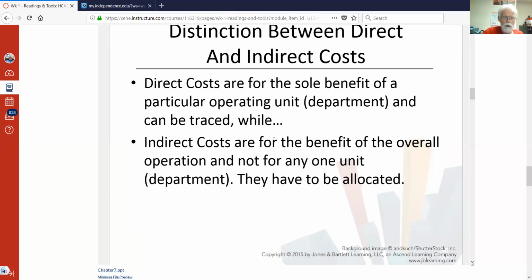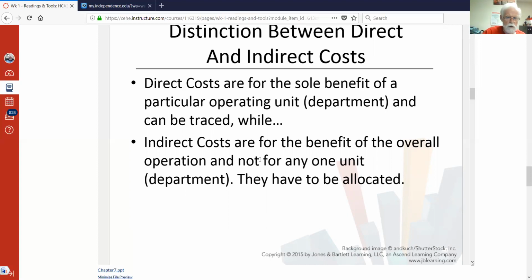So another way of looking at it: direct costs are for the sole benefit of one entity, and they can be tracked. The drugs for patient X, they can be tracked. Indirect costs are for the benefit of the overall operation. So the time of your nurses and therapists and others that are there depends on how it's allocated.